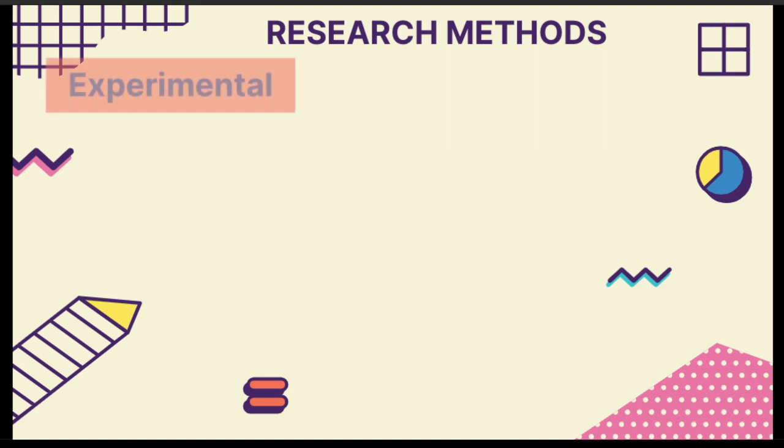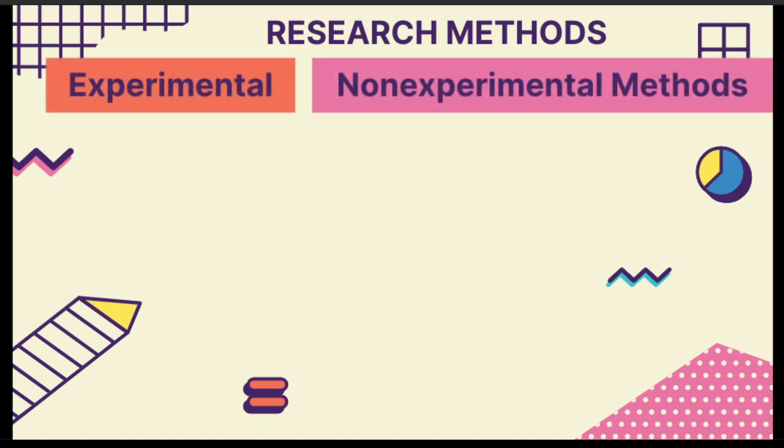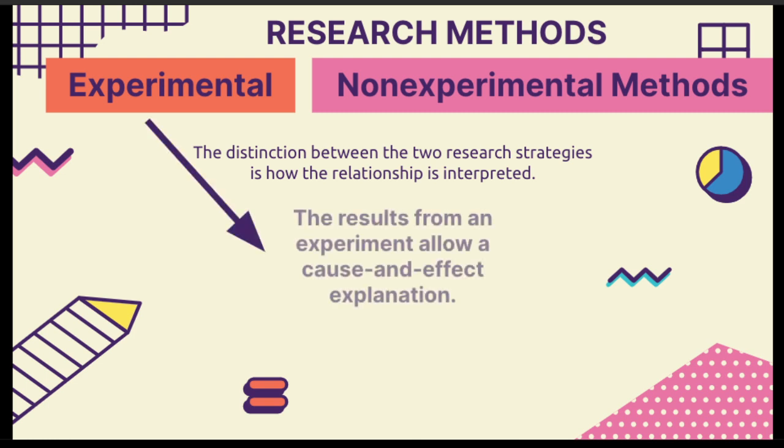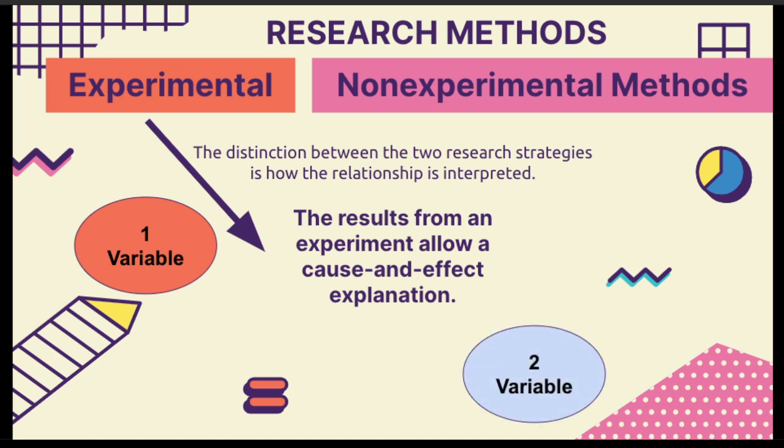For the research methods, we have experimental and non-experimental methods, and the distinction between the two research strategies shows how the relationship is interpreted. The results from an experiment allow us to know the cause and effect and the explanation. For non-experimental methods, we can say that if there are changes in one variable, they are accompanied by changes in another variable, but we cannot say why.